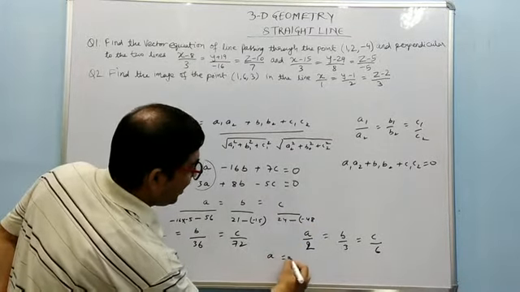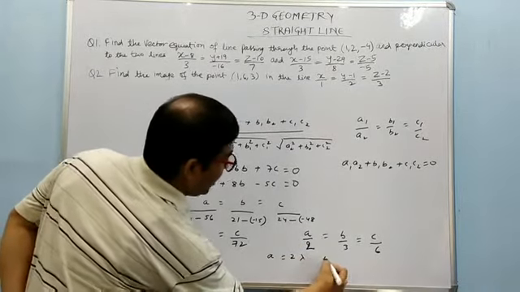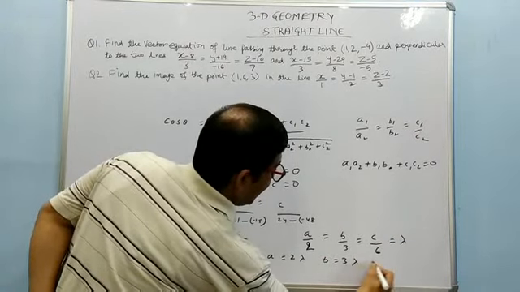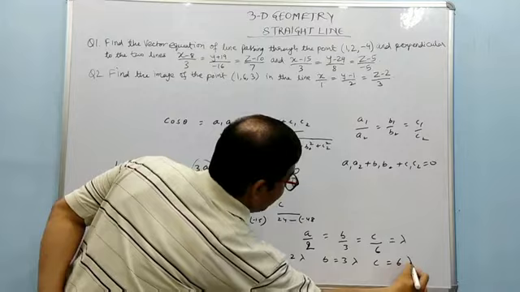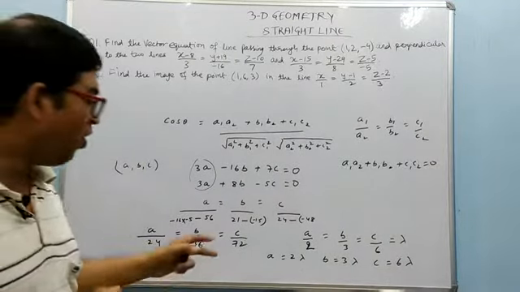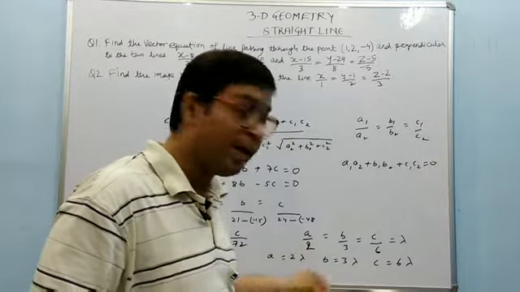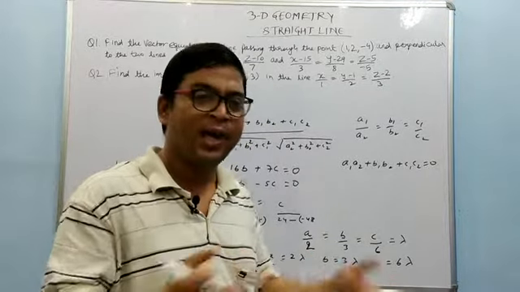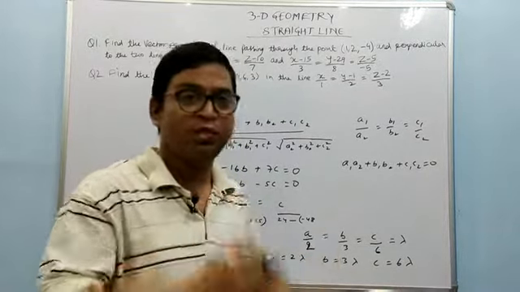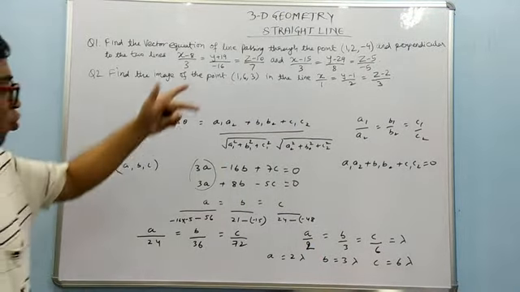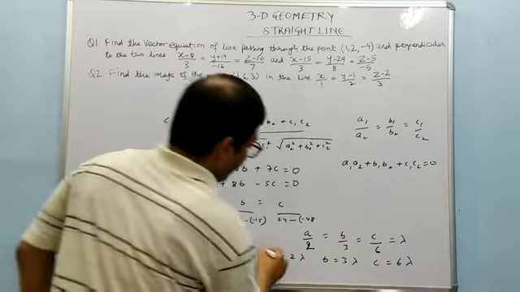What is a? a is 2 lambda, b is 3 lambda and c is 6 lambda. We got the values of a, b and c. Don't be afraid of the symbol lambda here. That is a constant and that will cancel out because equal to is there. So the equation is passing through one point and having these DRs.